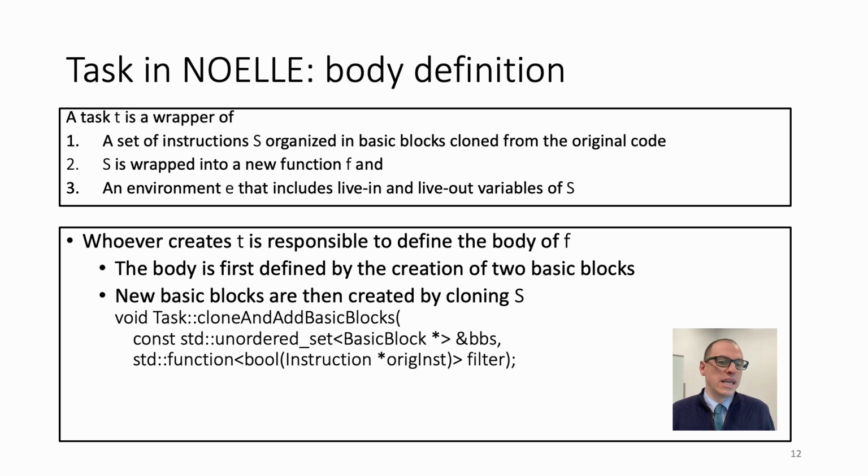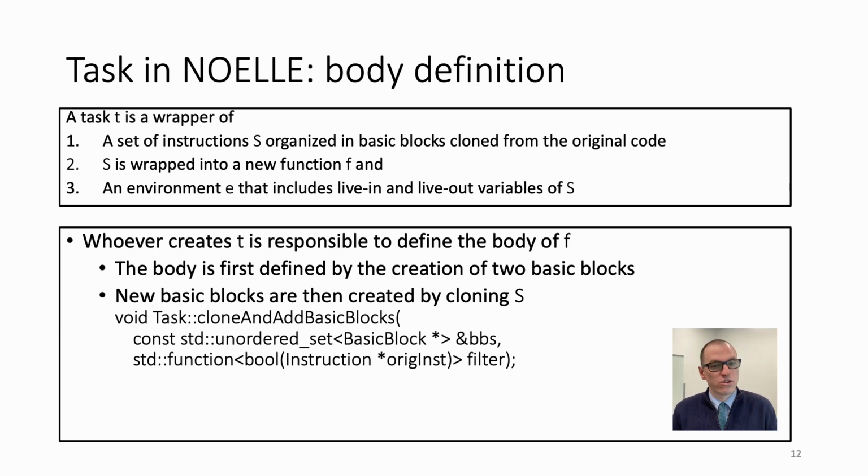The simplest one, perhaps, is clone and add basic blocks, which takes as input a set of basic blocks and a filter, a lambda function, that you can optionally use to define which instructions within the basic blocks that you pass as the first parameter you want to add into the task, and which ones you don't.